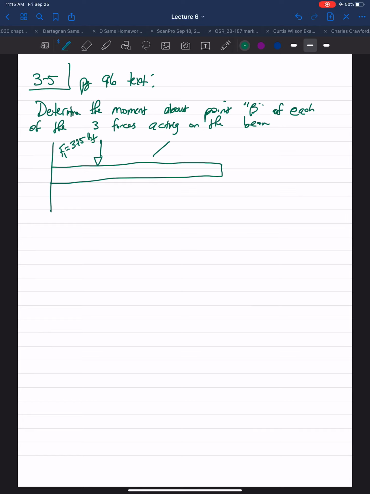We have an F2. This is 500 pounds force. Our point B is here. And we have an F3. This is 160 pounds force.